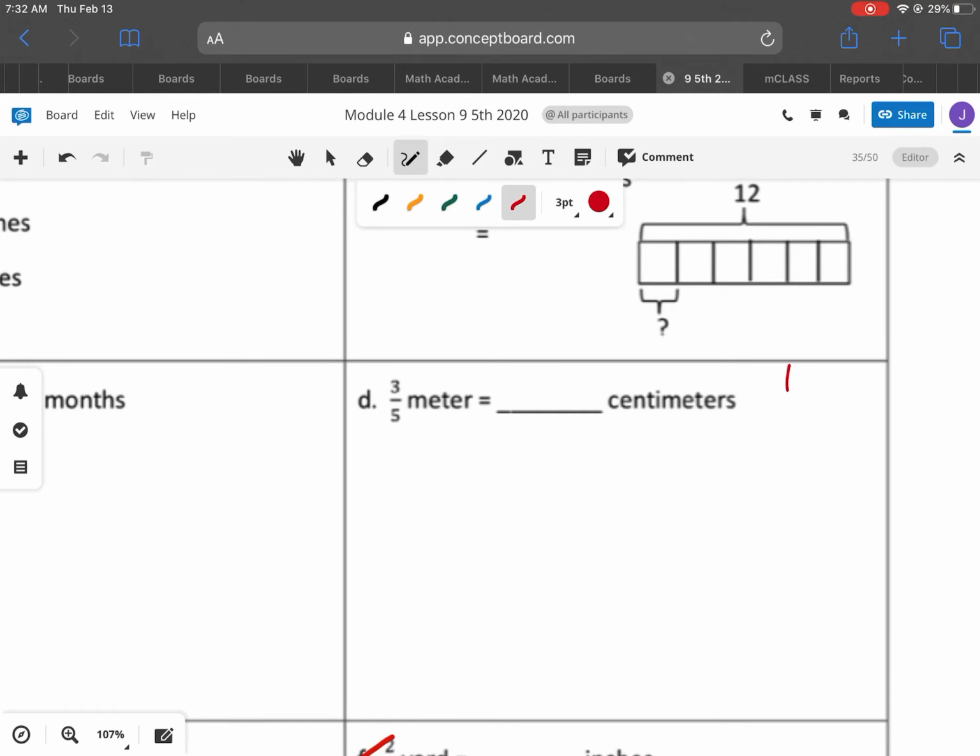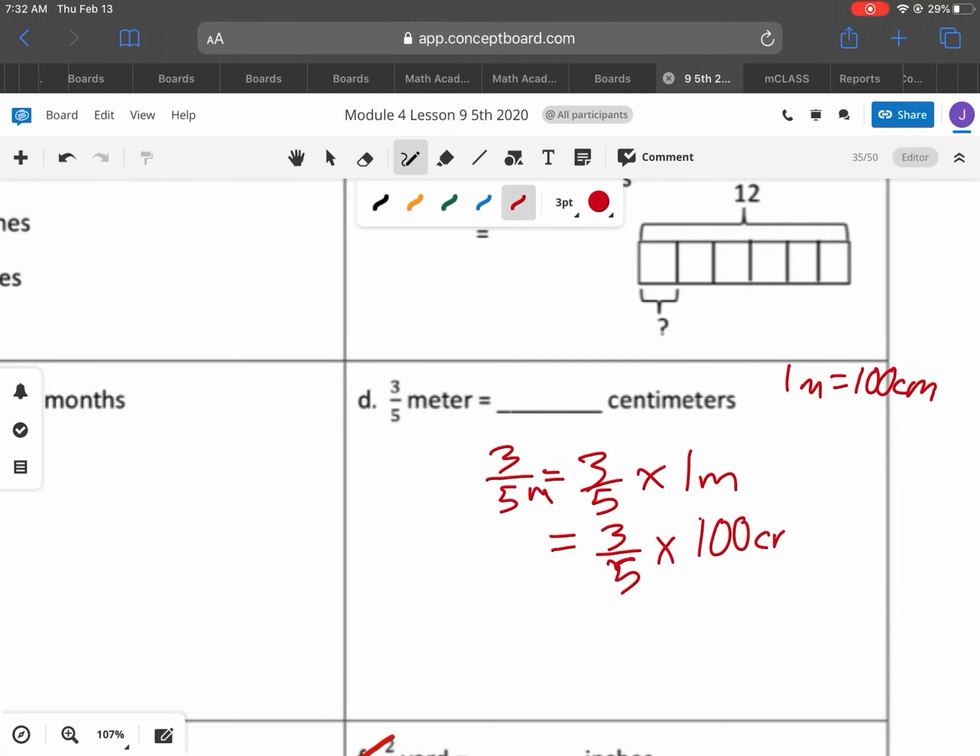Okay, we have another meters to centimeters. So we already know that 1 meter is equal to 100 centimeters. So we're going to go 3/5 of a meter is equal to 3/5 times 1 meter. And 3/5 now is going to be times 100 centimeters, which is going to be 3 times 100 over 5.